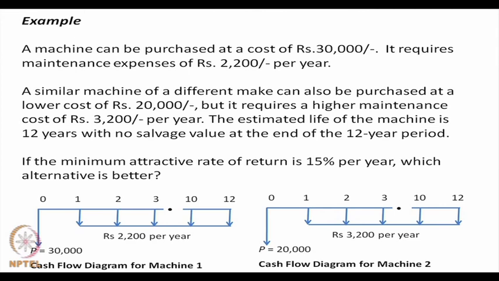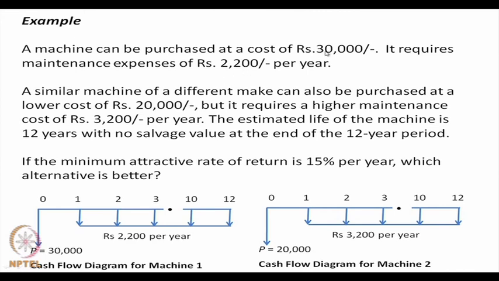It is a case of a small entrepreneur who would like to purchase a machine at a cost of 30,000 rupees, but he estimates that the machine would require a maintenance expense of 2,200 rupees every year. A similar machine of a different make can also be purchased at a lower cost, which is 20,000 rupees.